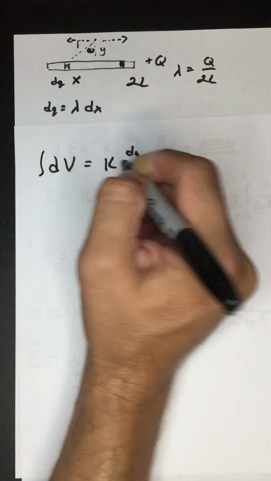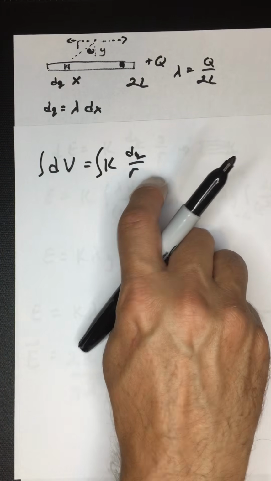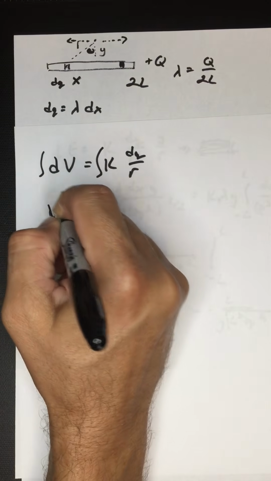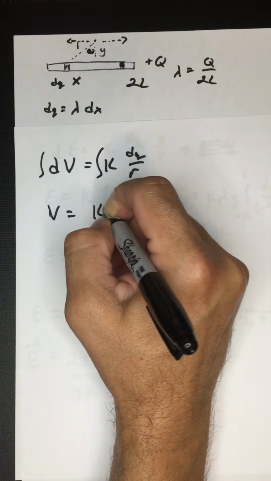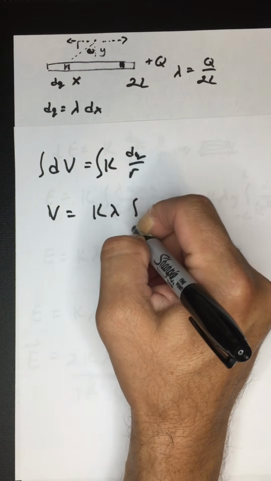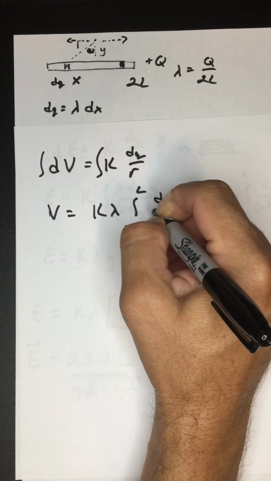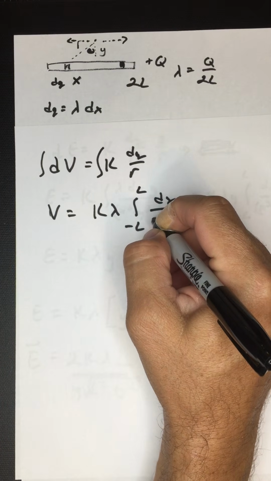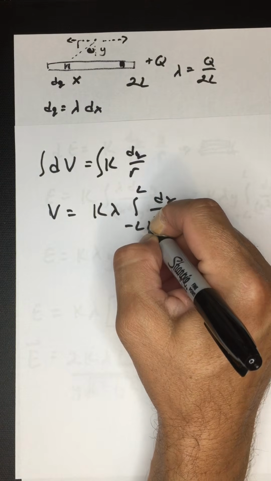Let me integrate both sides. Make a substitution in for dq and for r. I'm going to get V is equal to k lambda integral from negative L to L of dx over the square root of x squared plus y squared.